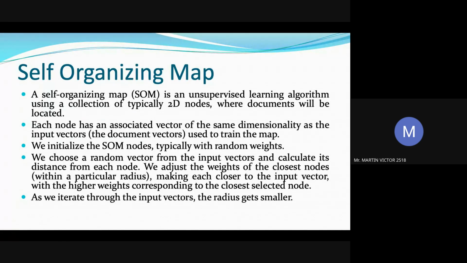So again, SOM reduces the high dimensional data, like the term frequency or count vectorization, to a 2D map, making it easier to analyze and visualize, right?